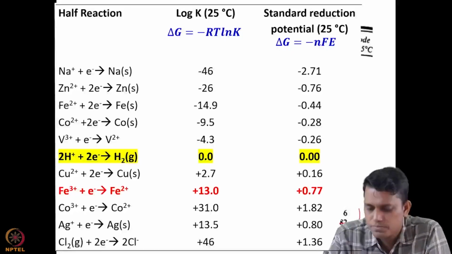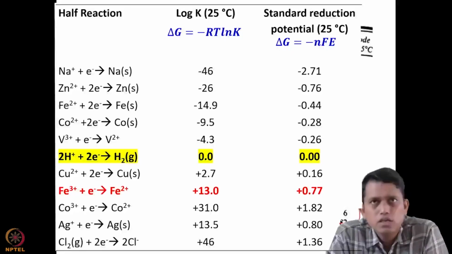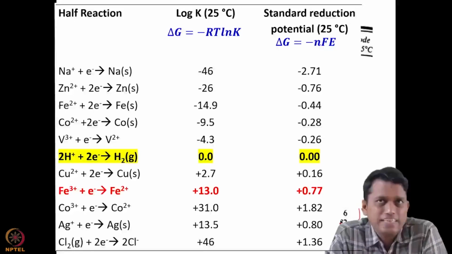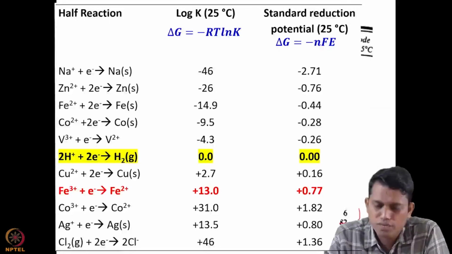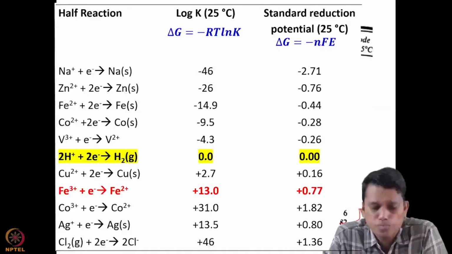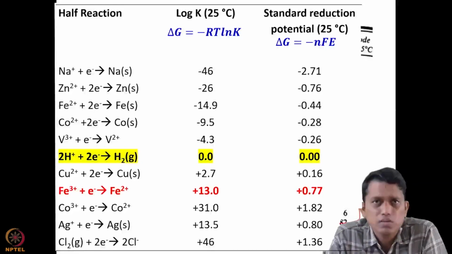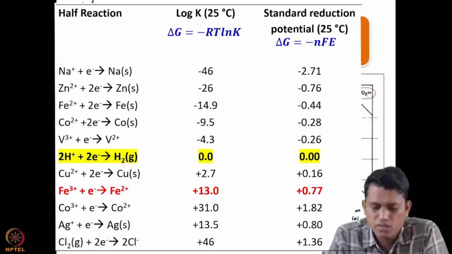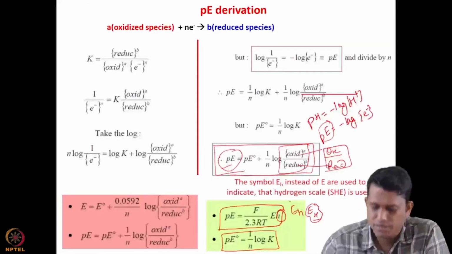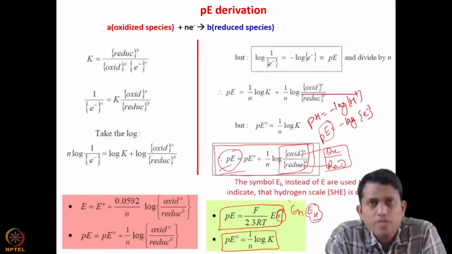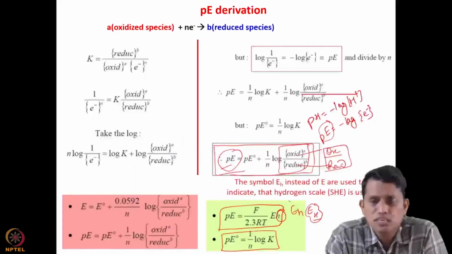If you know this, then you can simply use the equation ln K is equal to minus E naught F divided by RT, and you will get the value of K. When you know this K value, you can easily calculate pE naught, that is nothing but log K divided by n. You can calculate this value, fit it into the equation that we derived, and from there use these relations to draw your EH-pH diagram.